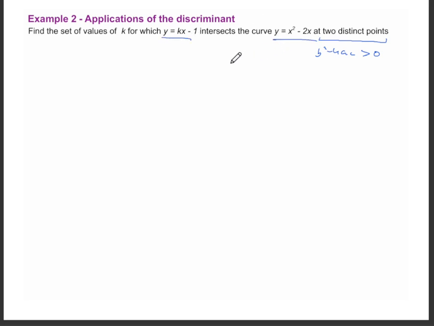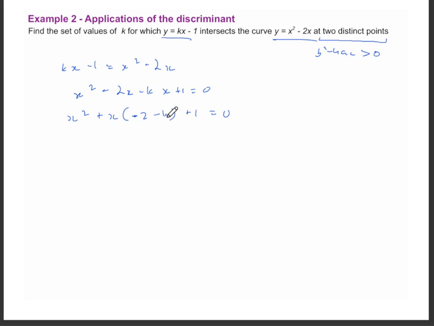That means you can solve them simultaneously. So kx minus 1 equals x squared minus 2x. Then obviously you would equate them to 0 then. So x squared minus 2x minus kx plus 1 equals 0. Then we can rewrite them. So x squared plus x times negative 2 minus k, plus 1 equals 0.